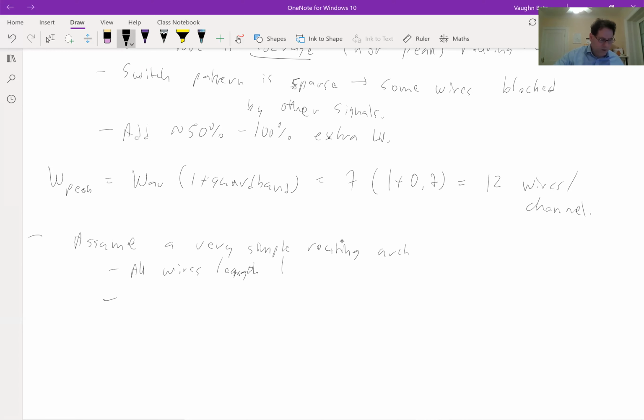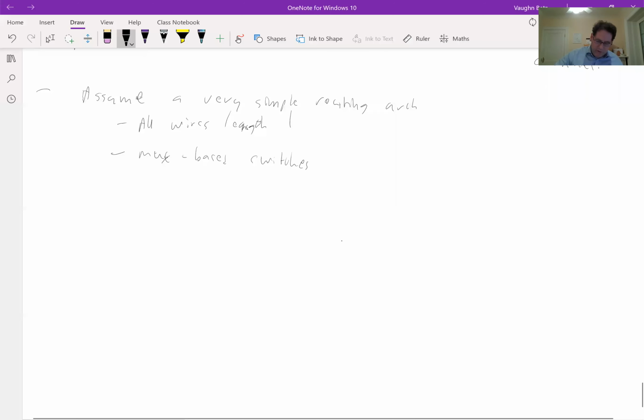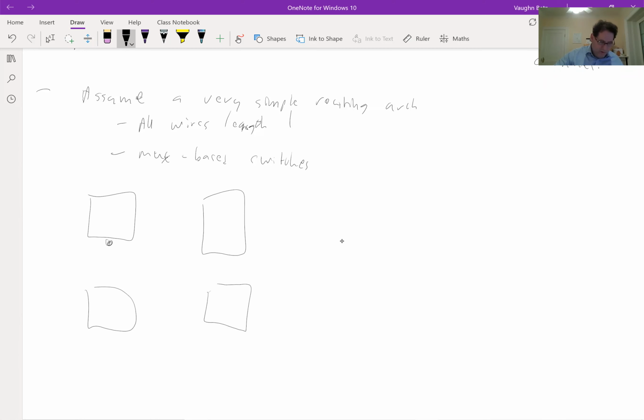So they only go past one logic block and then they end, and they're all based on multiplexers. Okay, and my pattern of switches is going to be this. I have a lookup table. It's got an output. Draw a few lookup tables. Okay. So all length 1 wires, they're all short.